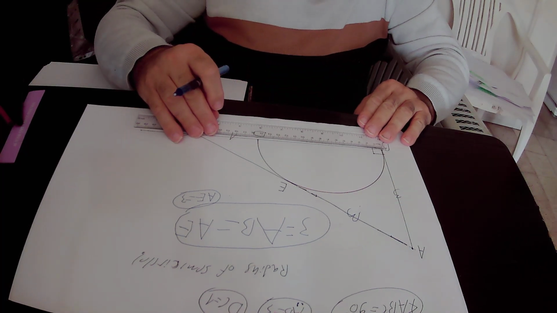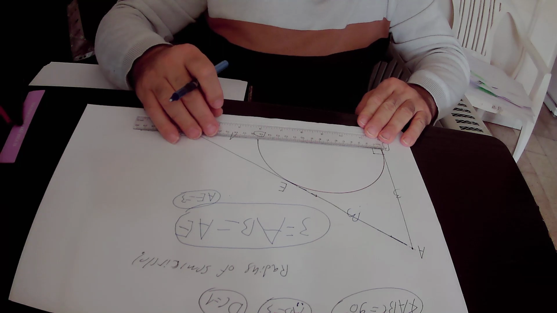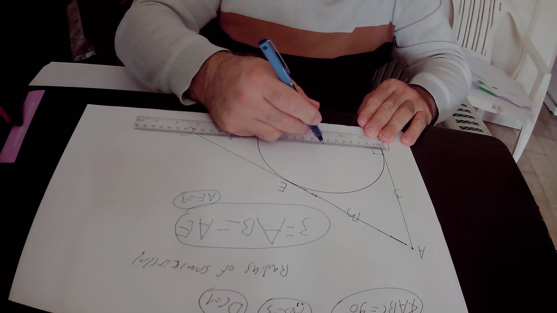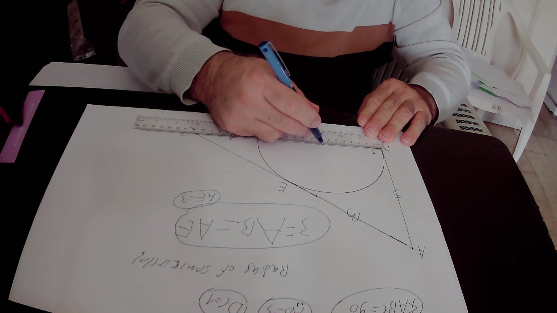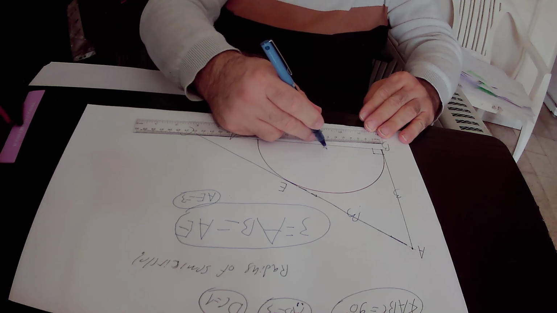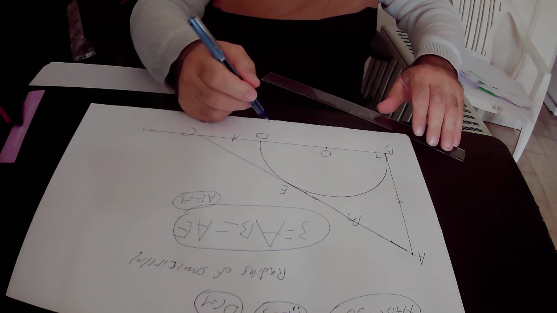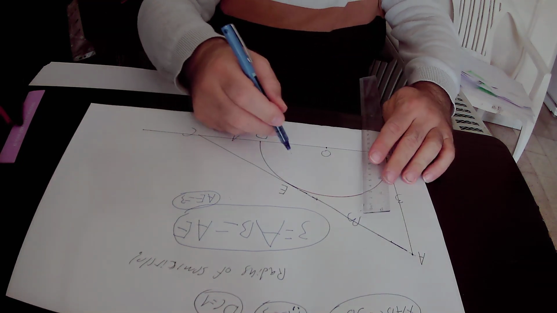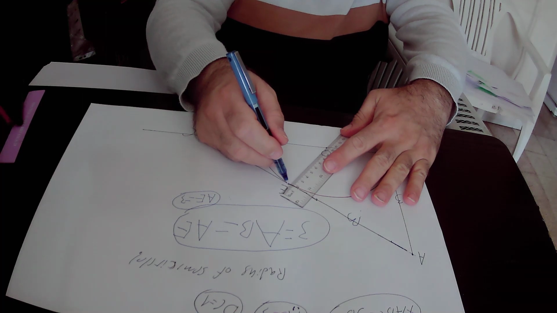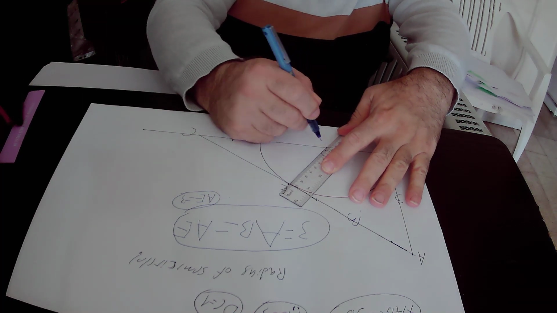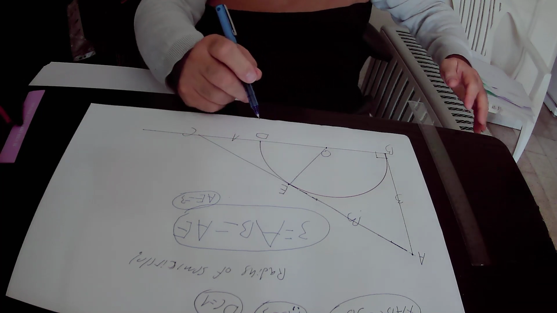Okay, and we will define the center of this semicircle as point O. Point O is the center of this semicircle, and we will join together points E and O by a straight line, line segment OE.